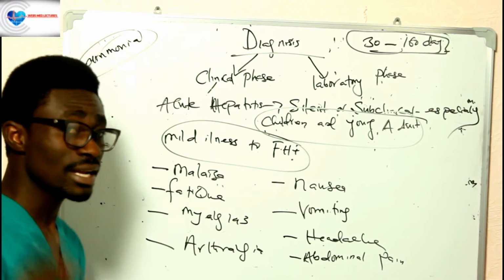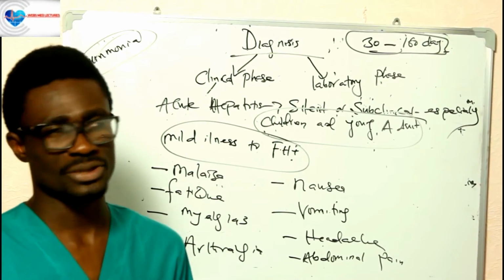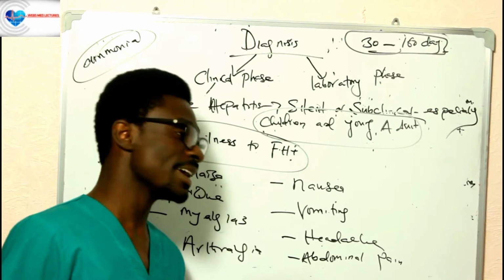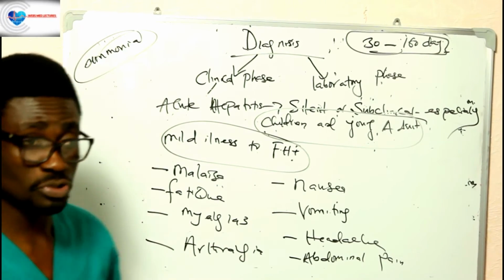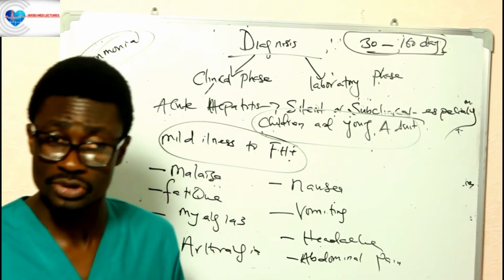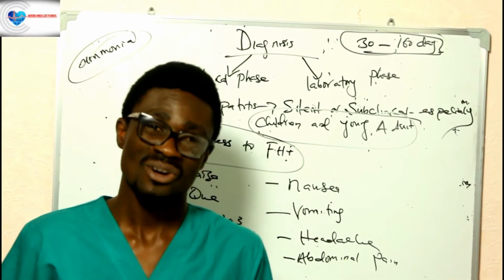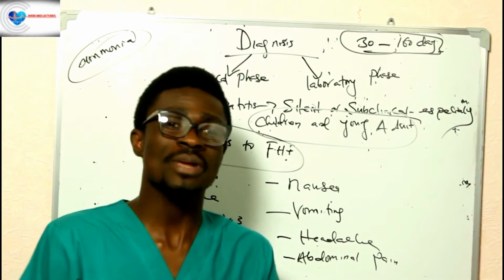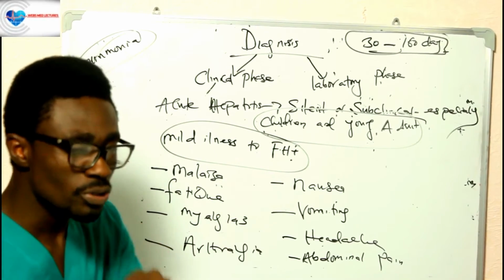Once ammonia is not removed from the body, it tends to become toxic to the body. The liver helps to remove ammonia by converting it to urea, and then urea will be sent to the kidney for excretion through urine, right? But once the liver is affected, all this process will be impaired. They won't take place anymore. And so therefore, as we already know that what?